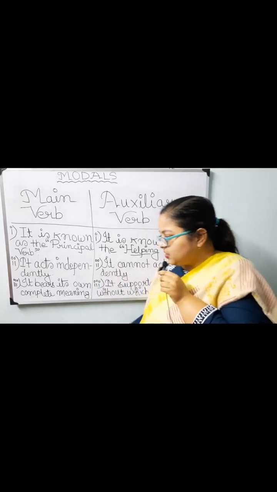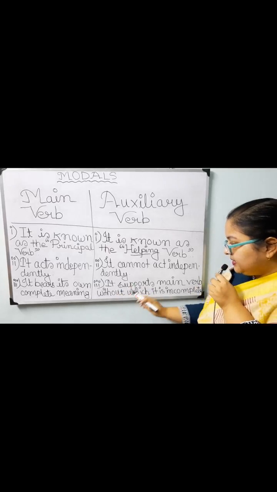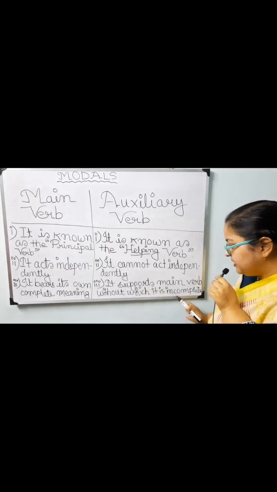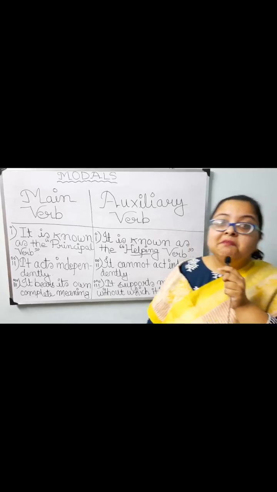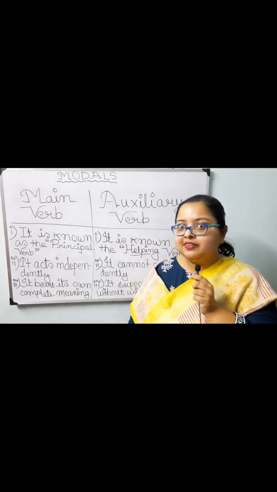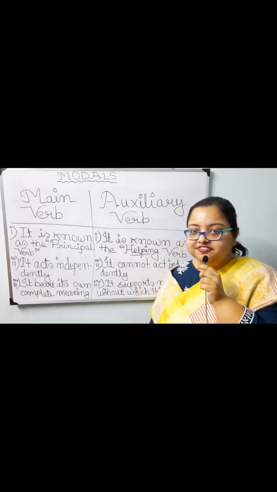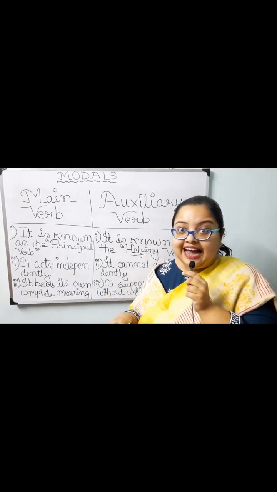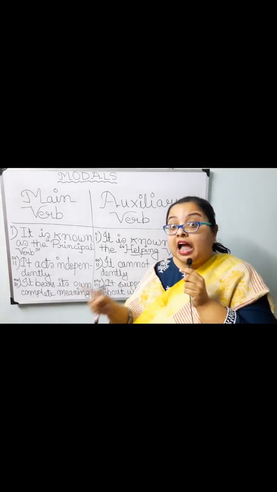Now, next one. Under auxiliary verb, number 3: it supports the main verb, without which it is incomplete. So students, the main verb in a sentence is needed so that the auxiliary verb can help that one to bear a particular meaning.